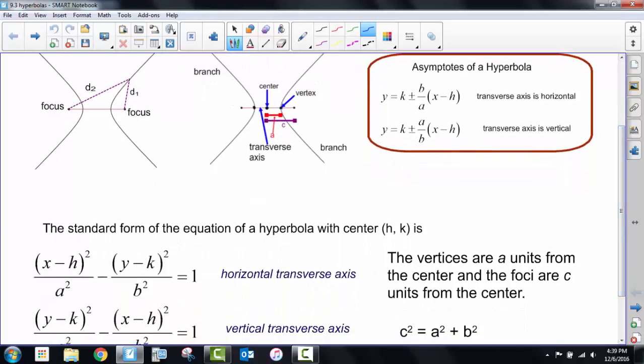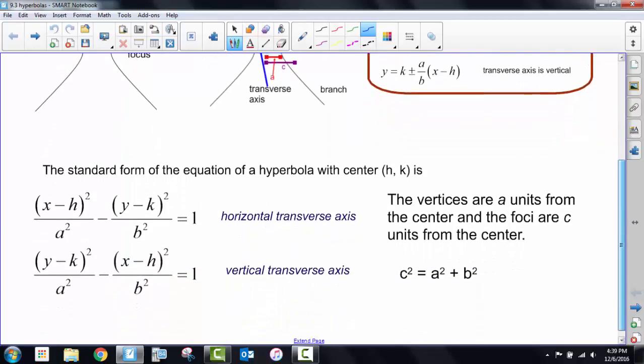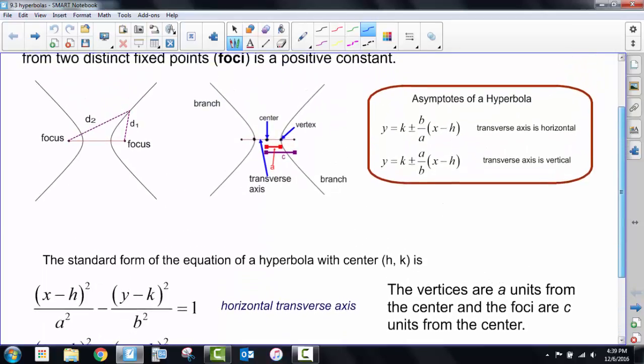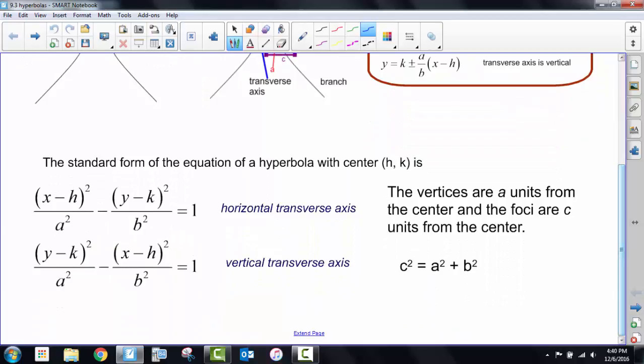Now, as we scroll down here, you can see we have standard forms. We have a horizontal standard form and a vertical standard form. When you analyze those, you quickly realize some similarities, like they're both subtraction. Both of them have a squared first and then b squared to follow. But here's the big difference.